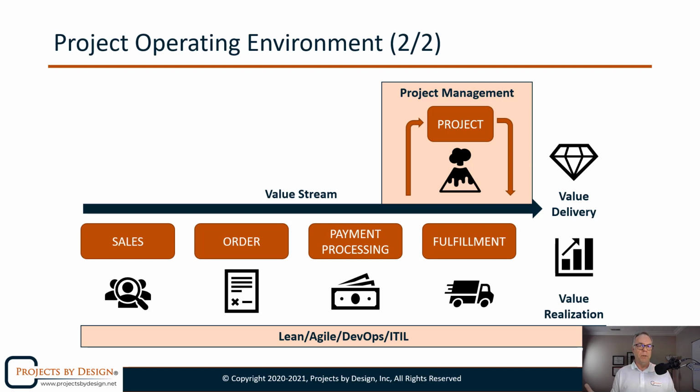Because the whole point was to build a separate organization within the organization in order to deliver that value because of the disruption. So if our project becomes disruptive when we try to enter it back into the value stream, we really haven't done our job as project managers, as it were.